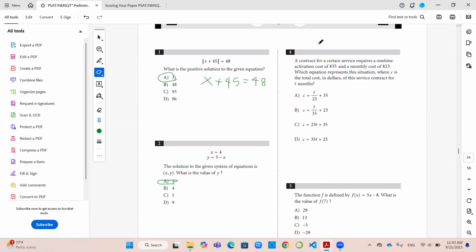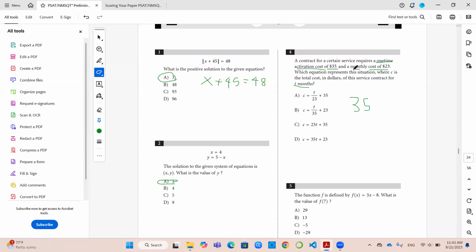A contract for a certain service requires a one-time activation cost of $35 and a monthly cost of $23. Which equation represents the situation where C is the total cost in dollars of this service contract for T months? So when you see this term, one-time activation cost, immediately what you would do is write down 35 here.